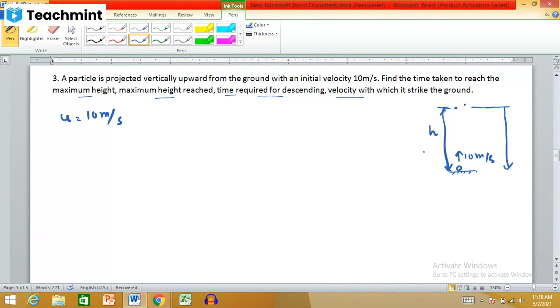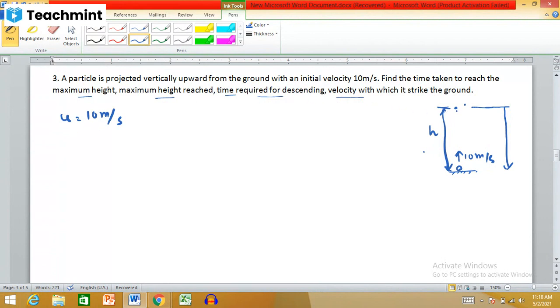A particle is projected vertically upward from the ground with an initial velocity of 10 meters per second. Find the time taken to reach the maximum height, the maximum height reached, the time required for descending, and the velocity with which it strikes the ground. So given is our initial velocity, 10 meters per second.